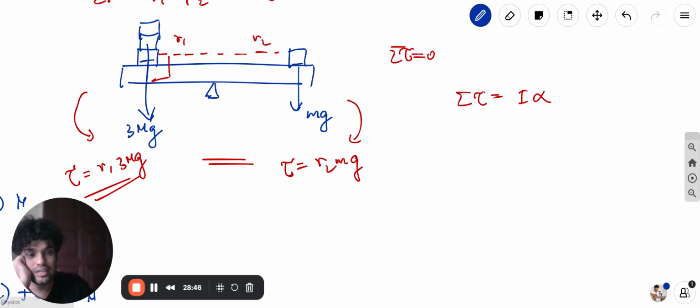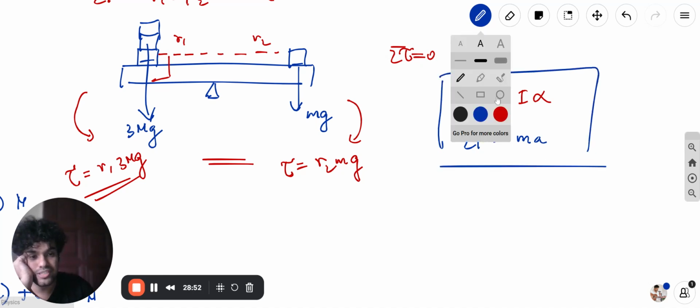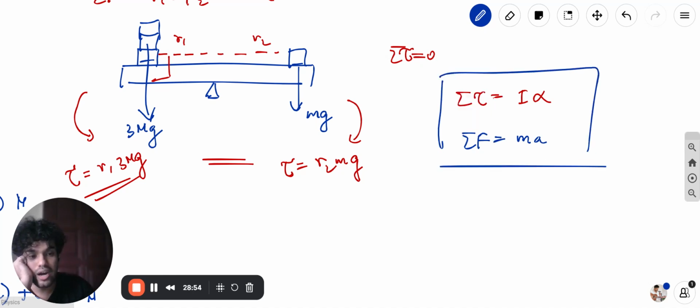So Newton's law in linear form is net force equals ma. In rotational form, it is equal to I alpha. It's the same thing. Why did we use I over here instead of m? Because in linear terms, the only thing which can hinder an object's acceleration was the mass. Actually, the law talks about inertia, but in linear dynamics, inertia and mass are roughly the same thing, so we don't have a separate formula for inertia.